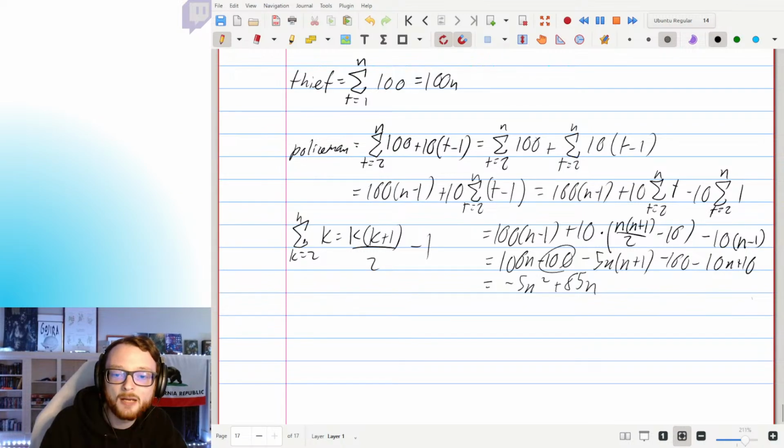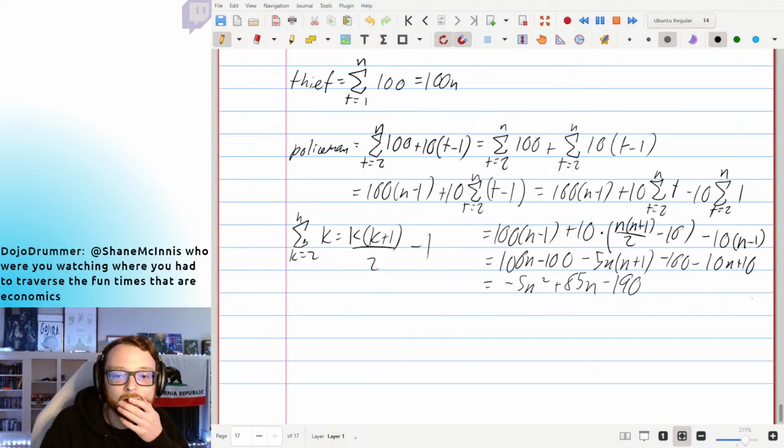And the constant's minus 100 minus 100 is minus 200 plus 10 is minus 190. Oh, that's disgusting. But my idea is to take this simplified thing and set it equal to this thing. And hopefully n equals 6 solves it.